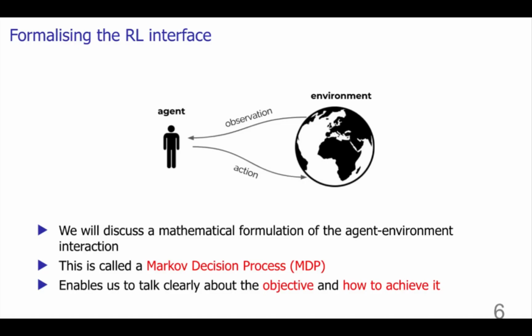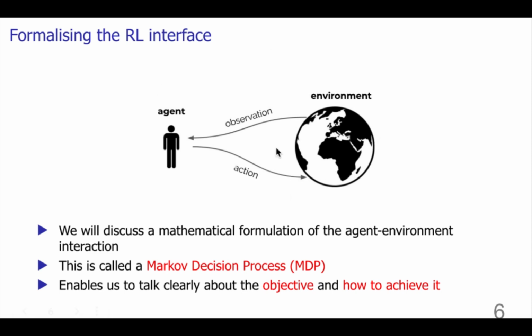We already discussed this in various sessions, but let's see how we can mathematically formalize the agent-environment interaction. In the previous class we said the Markov decision process is there. The Markov decision process is a mechanism, a method to formalize or to model the environment, and the environment in general is characterized by the interaction between the agent and the environment itself.